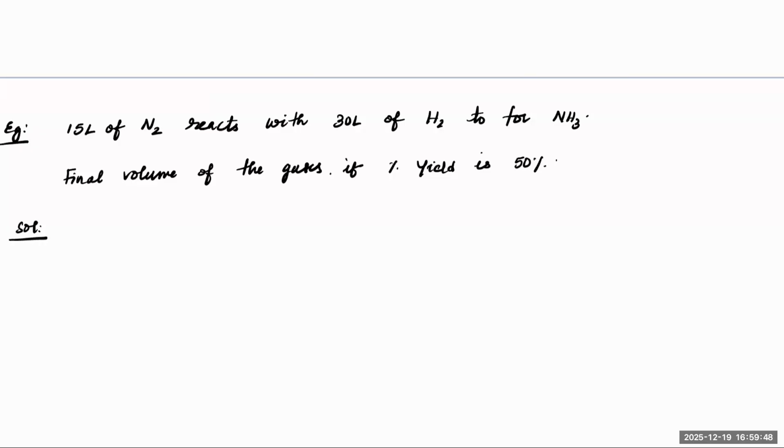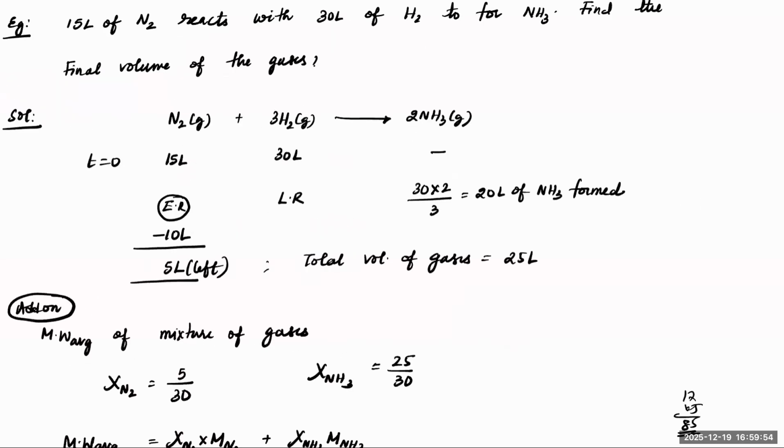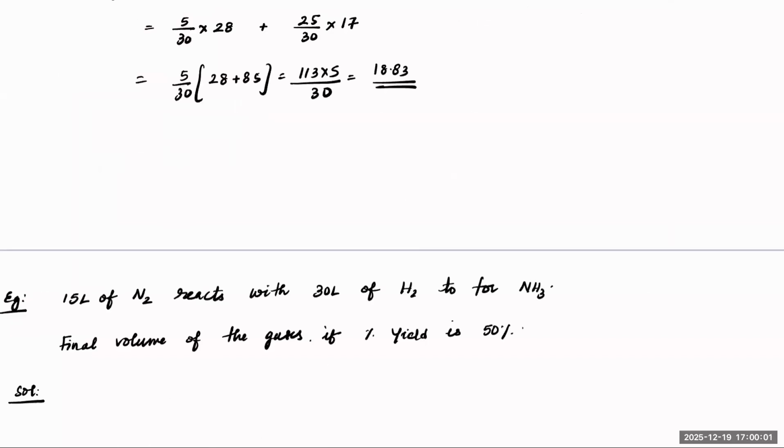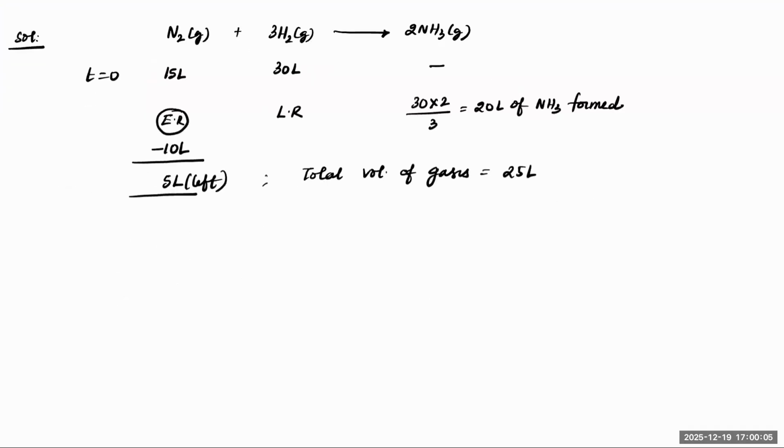Okay. In such case, what would happen? Now you will do the usual thing what you have done here. So this is what we have done. Now, since we have 20 liters of ammonia here, this is the theoretical value, isn't it?